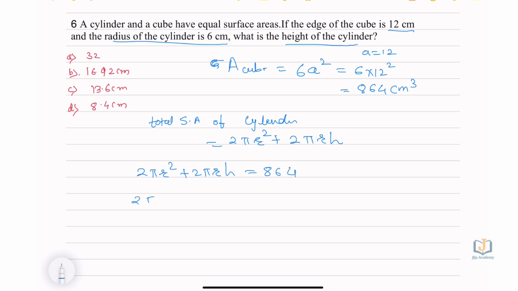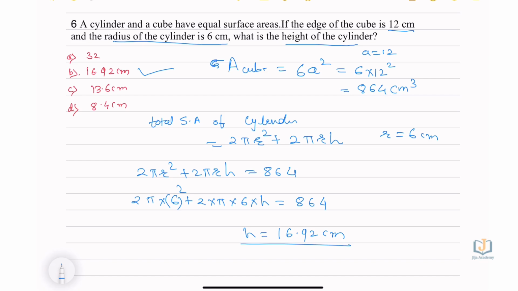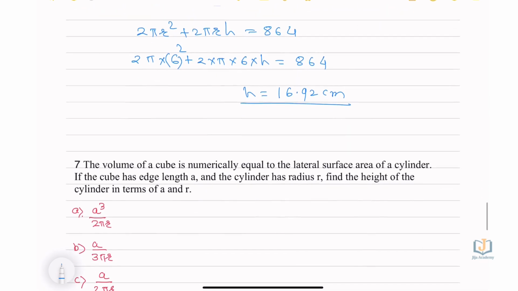So 2 into π into 6², the cylinder radius given is 6 centimeter, plus 2 into π into 6 into h is equal to 864. After calculating, we got h is equal to 16.92 centimeter. So option B is the correct answer. Now moving to the seventh problem.